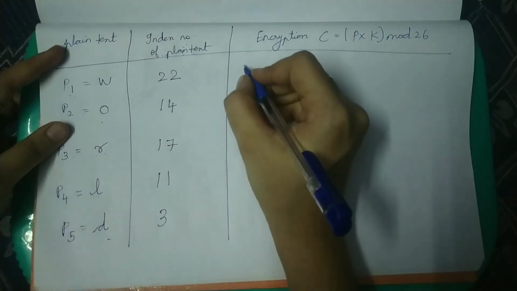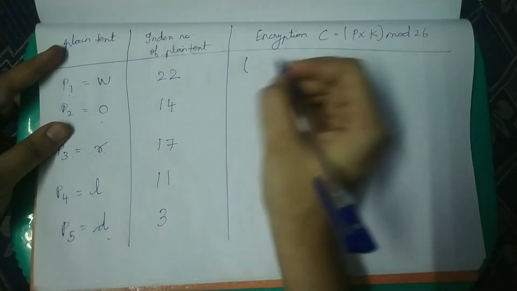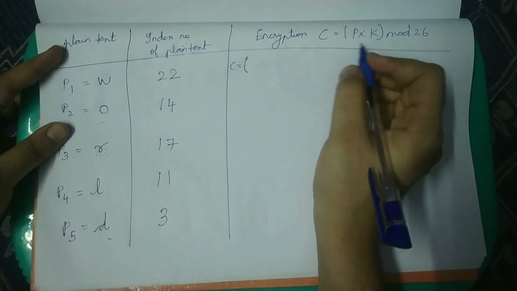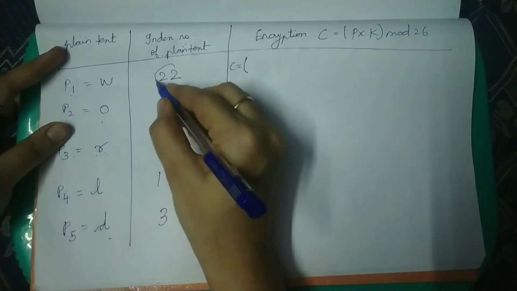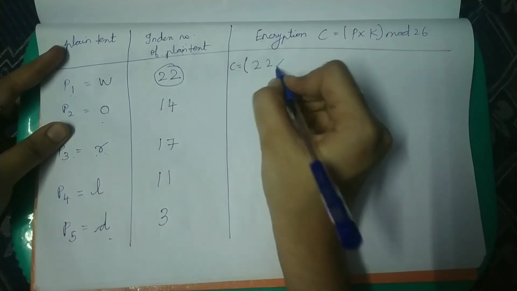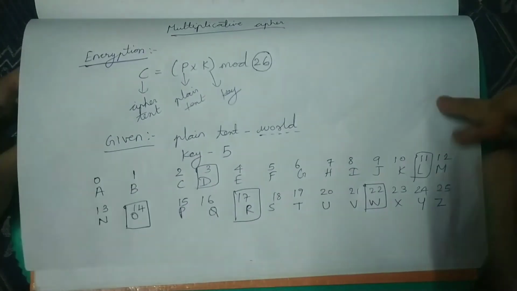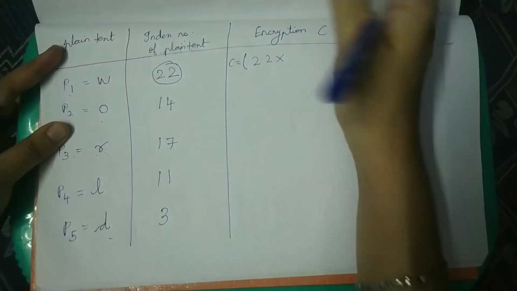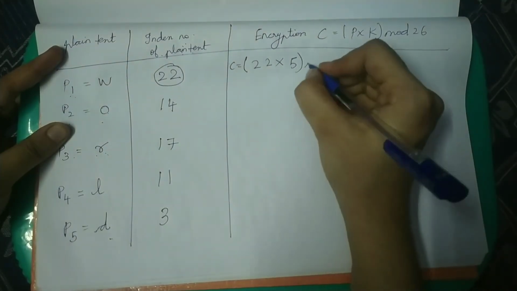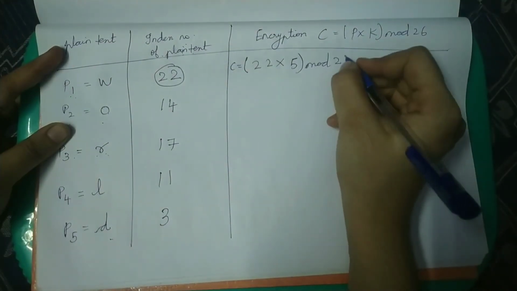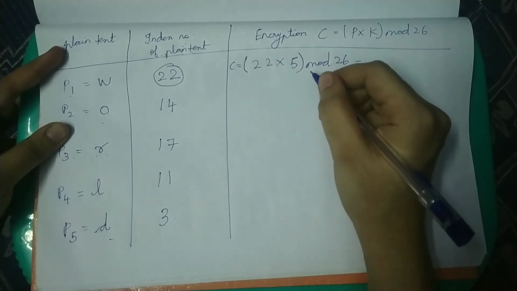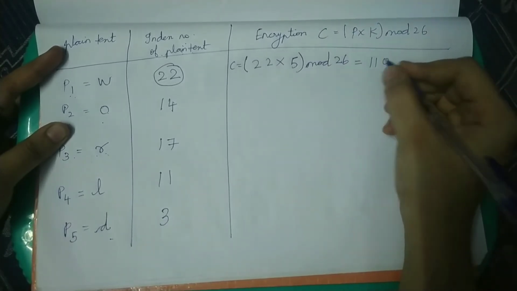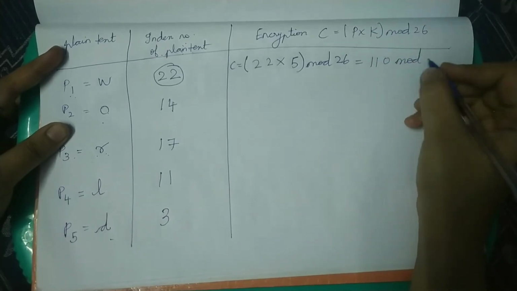Over here it is going to be C is equal to P into K. The plain text alphabet number is 22 into the key length given in the question, which is 5. So 22 into 5 mod 26, which is equal to 110 mod 26.